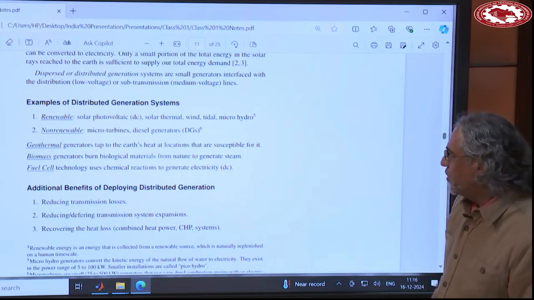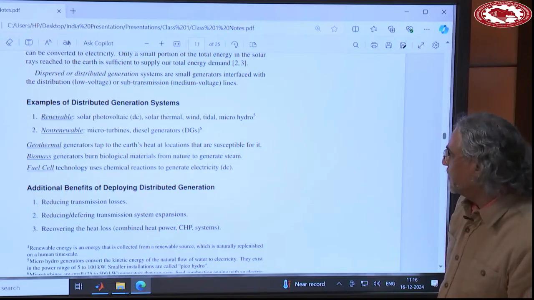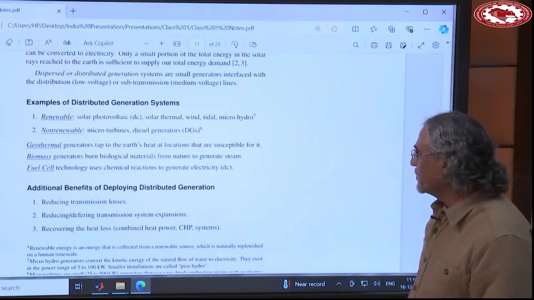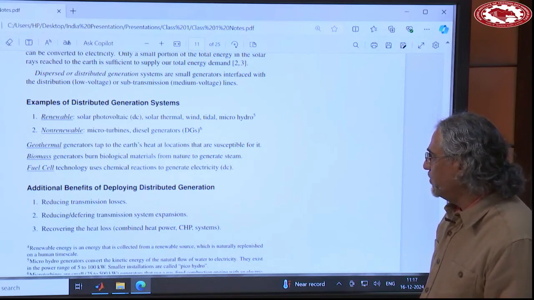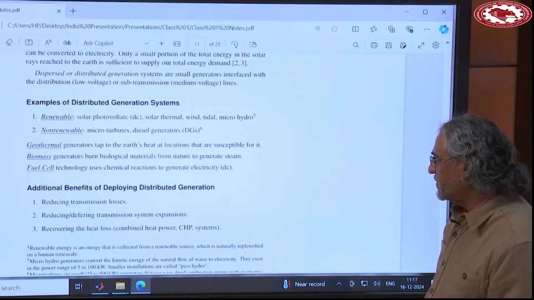Okay, so solar photovoltaic, solar thermal, wind, tidal, and microhydro are some examples of renewable distributed generation. And for non-renewable, we have microturbines and diesel generators, for instance.